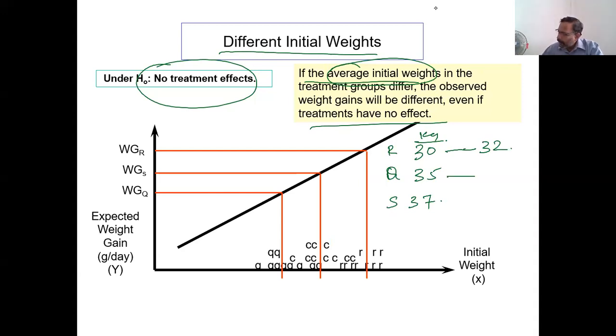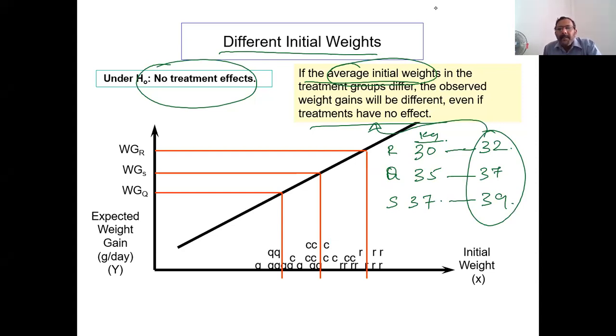Do you think this increase will be 37? This increase will be 39? No. This increase will not be like this. If the increase is like this, then this is called no treatment effect. Because everything is increased by 2 kilograms.